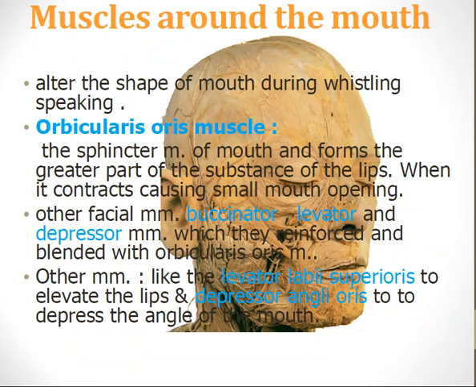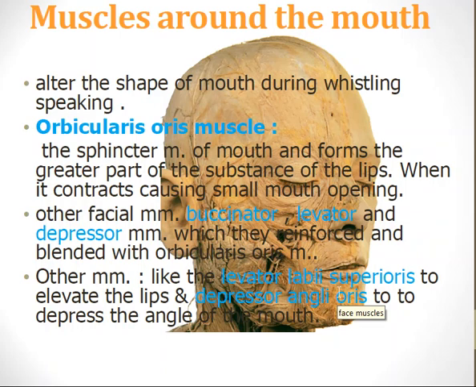So the first important muscle group around the opening of the mouth we call the orbicularis oris muscle. It is around the opening of the mouth, and from its name it is circular in manner and tries to close the mouth or even to protrude the lips when it is contracted.